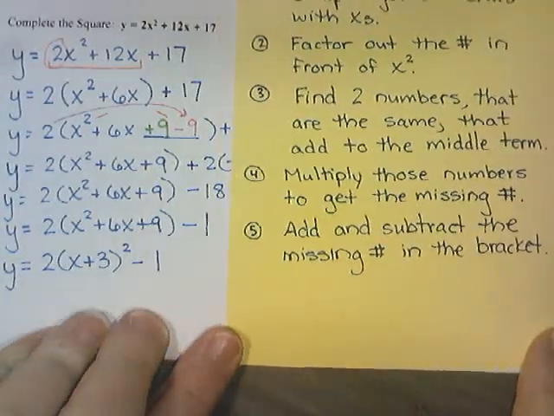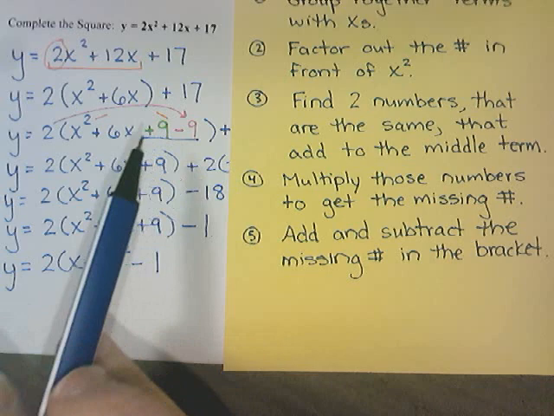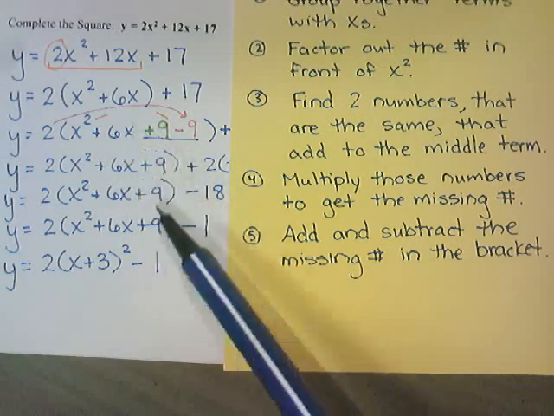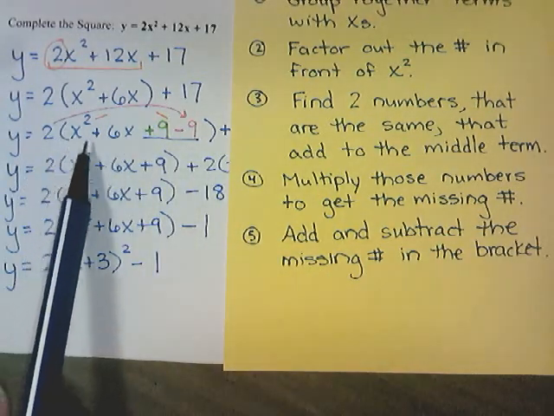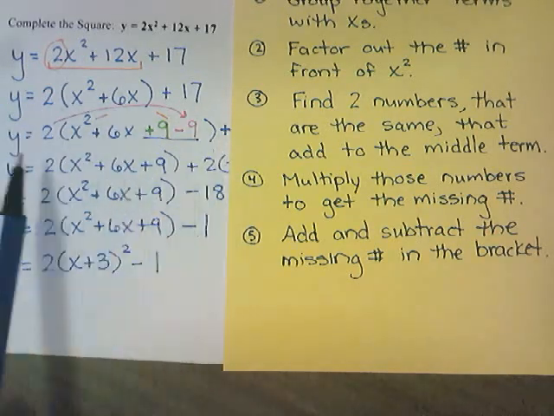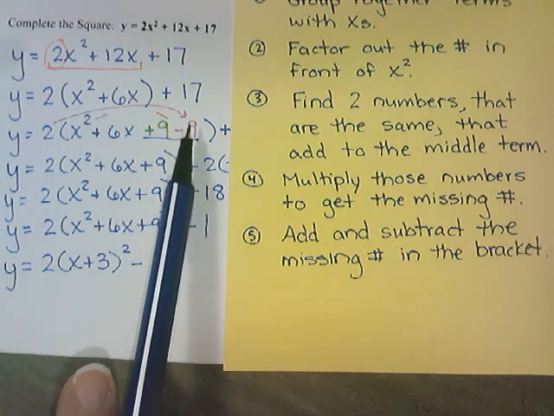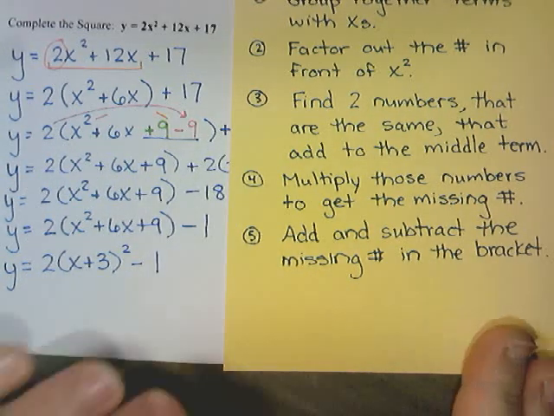All right, so that was a whole lot of steps just to explain how we came up with this. So from here, what did we do? We had the -9 inside the bracket, but we didn't want it there. So we took whatever was in front and we multiplied to remove it from the bracket.